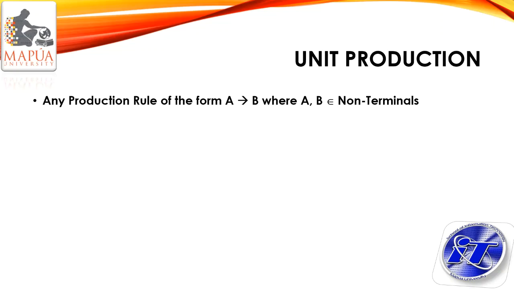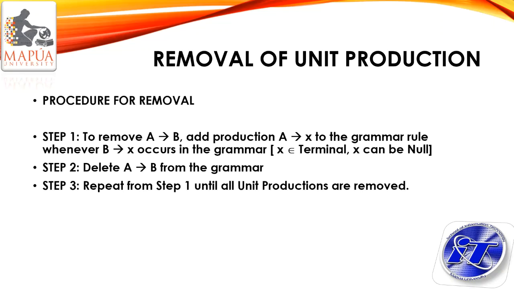What will be the different steps that we need to follow? We have three simple steps. Step one: we're going to identify first all unit productions.